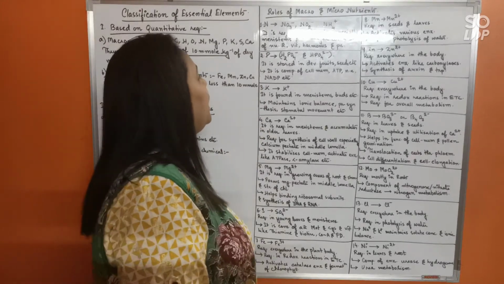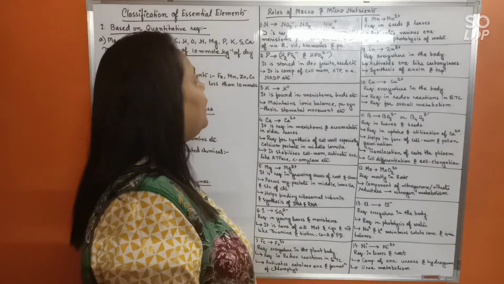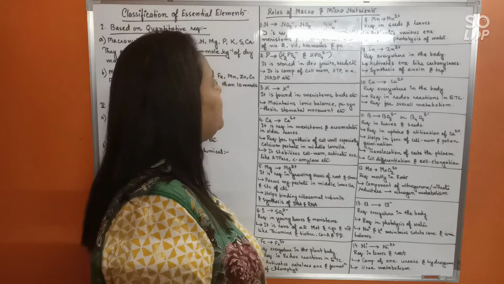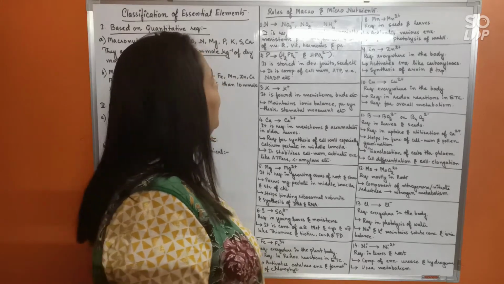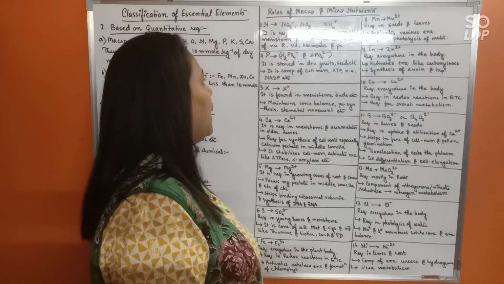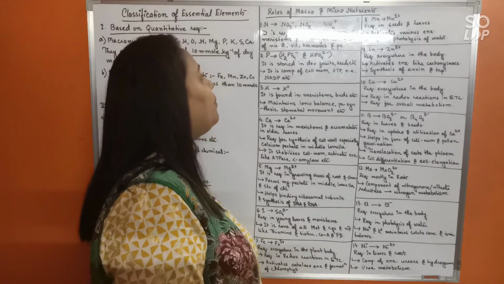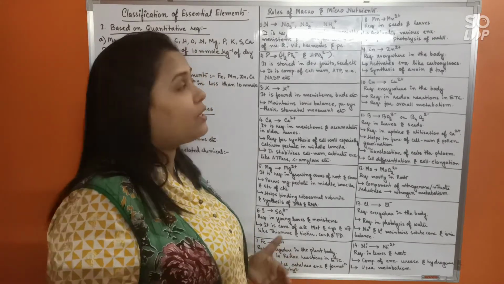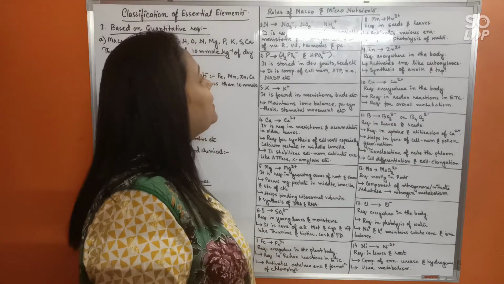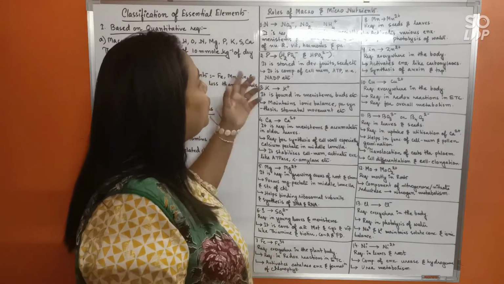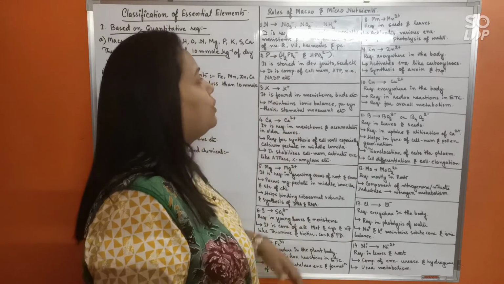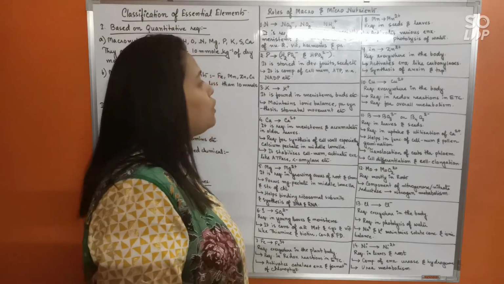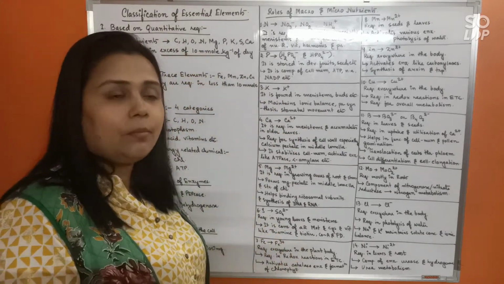Nitrogen is absorbed as NO3-, NO2- and NH4+. It is required in most parts of the plant body, especially in the meristem, that means where cell division is continuously going on, and is a major constituent of nucleic acids, vitamins, hormones and proteins. Alright, so important roles you have to remember.